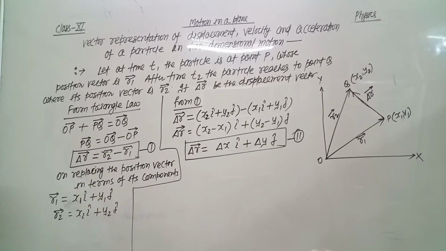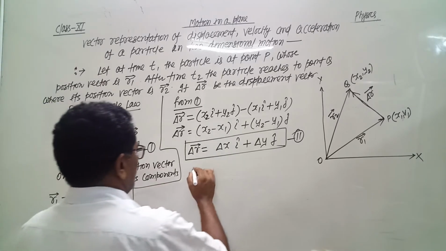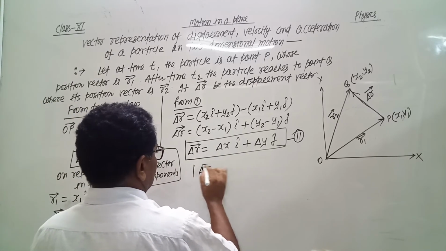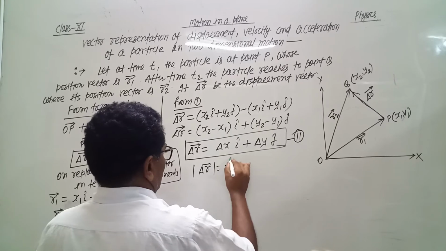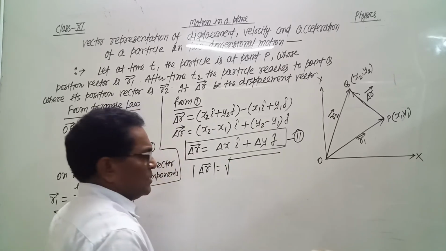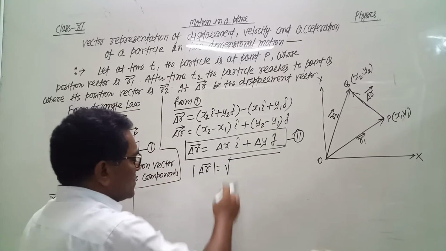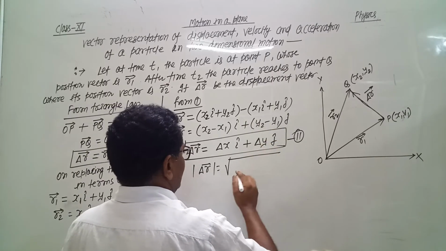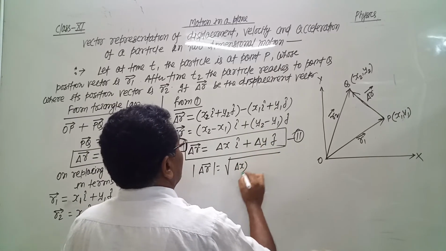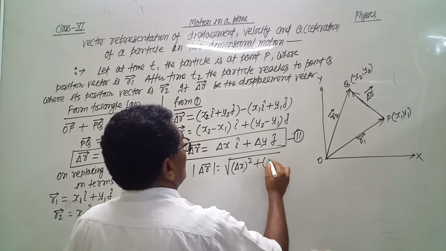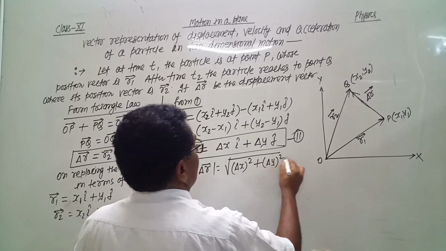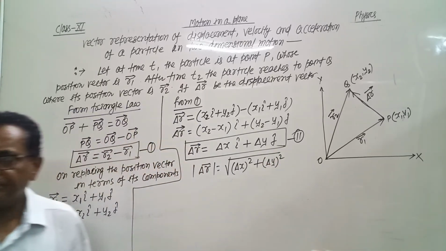Now for finding the magnitude of delta r, in a square root, square the coefficients of i cap and j cap and add them. So delta x the whole square plus delta y the whole square.